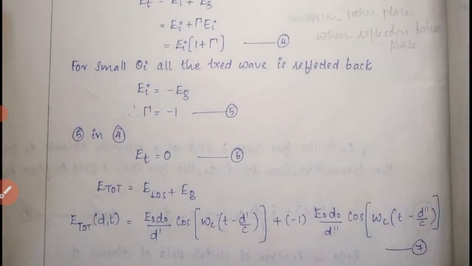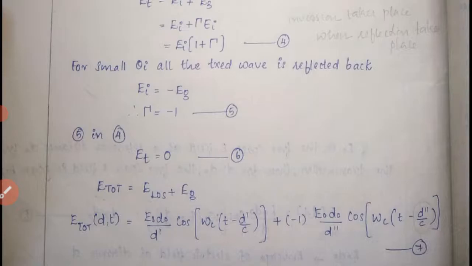In this case, since Ei is equal to minus Eg, the total electric field Et is equal to 0. The total electric field E total is equal to E line of sight path plus Eg. So E total of D comma T is equal to E line of sight plus Eg.